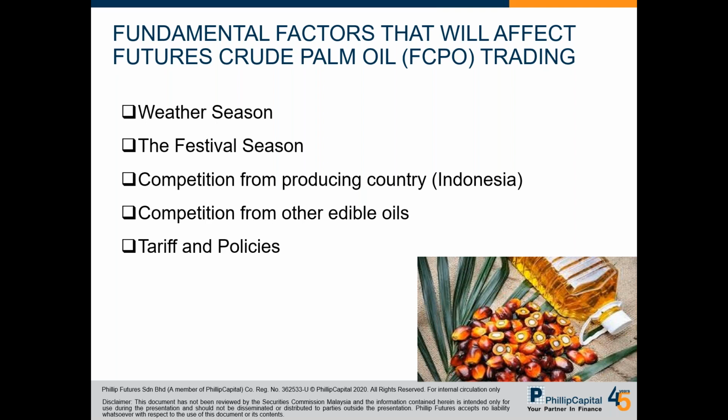Third will be our biggest competitor, which is Indonesia. The production of palm oil in Malaysia and Indonesia takes up around 90% of the supply to the world. Malaysia is currently the second largest palm oil exporter in the world, having been surpassed by Indonesia in 2006. Indonesia expects to double its production by the end of 2030.